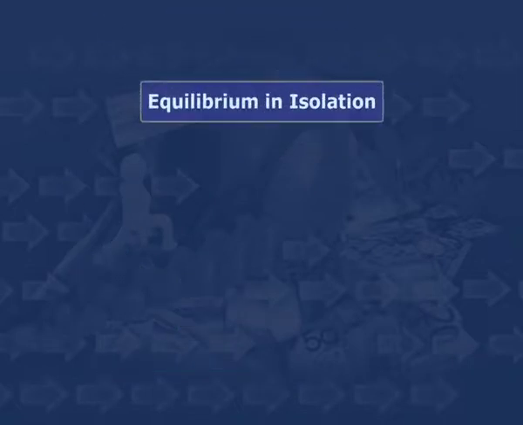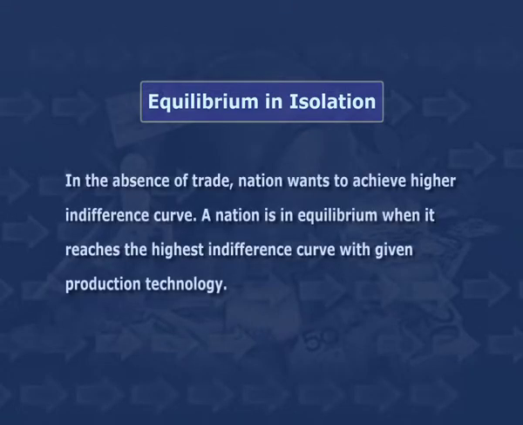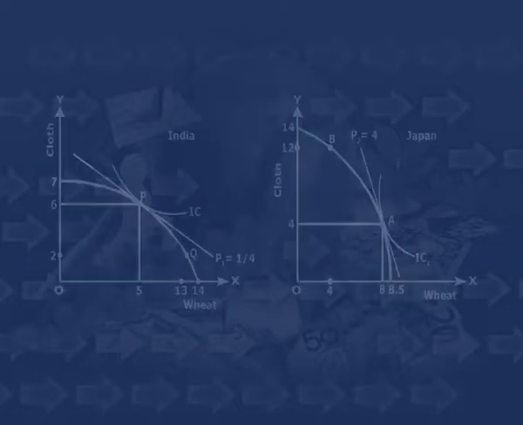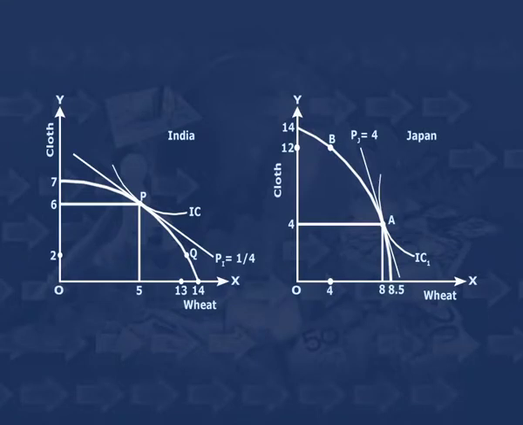Now, let us focus on equilibrium in isolation. In the absence of trade, a nation wants to achieve a higher indifference curve. A nation is in equilibrium when it reaches the highest indifference curve with given production technology. Let us now consider a figure.